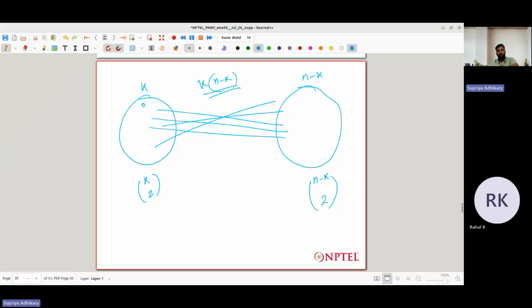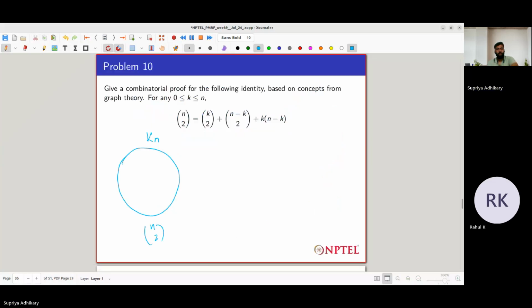So therefore, we can say that the total number of edges to make this whole graph complete is k choose 2 plus n minus k choose 2 plus k multiplied by n minus k, which is nothing but the number of edges in Kn, which is this. So basically we have proved this equality over here.